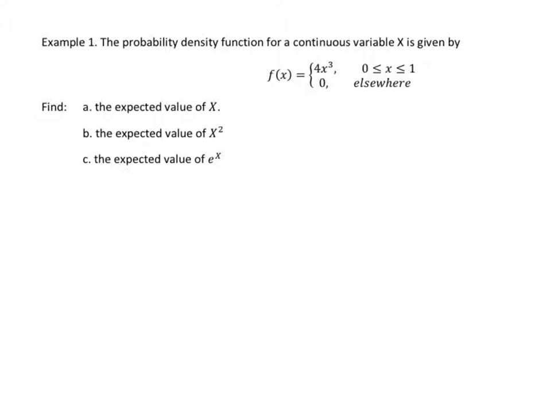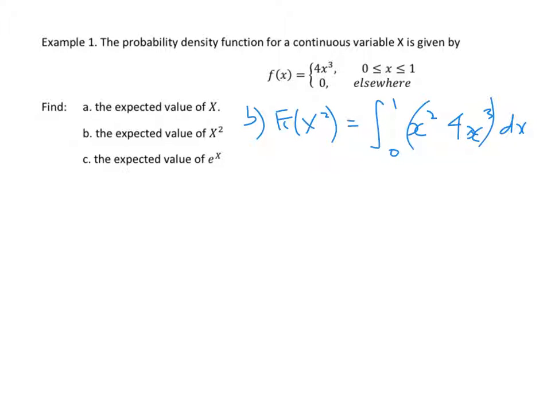Now for part B, we do the expected value of x squared, which is the integral from start to finish of x squared times f of x. That should be an x cubed dx. So that gives us the integral of 4x to the power of 5. My x's leave a little bit to be desired, sorry about that.